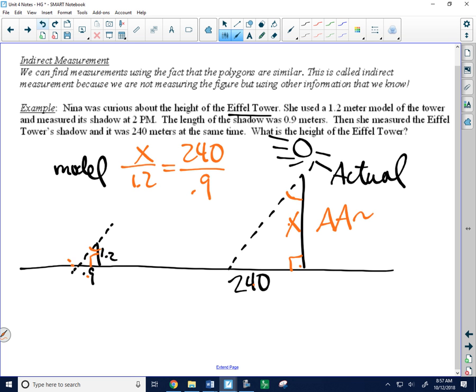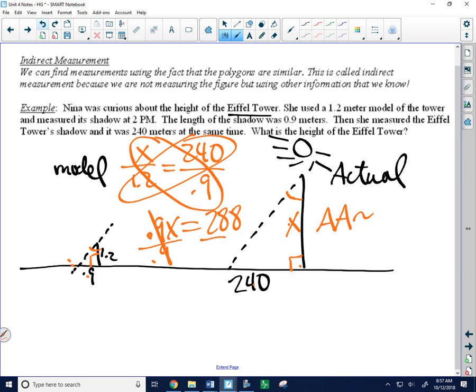You could have started in the small one, you could start in the big one, but that would be the proportion and we cross multiply. So when we cross multiply here, it's 0.9x. 1.2 times 240, you get 288. And then we divide by 0.9. So what you get is 320.